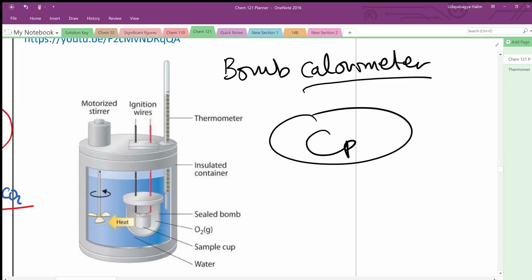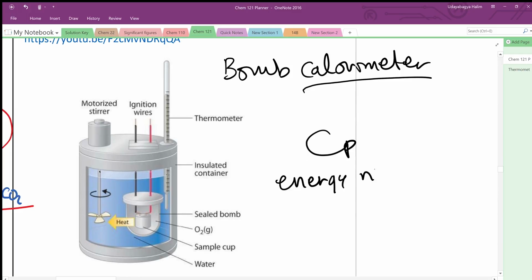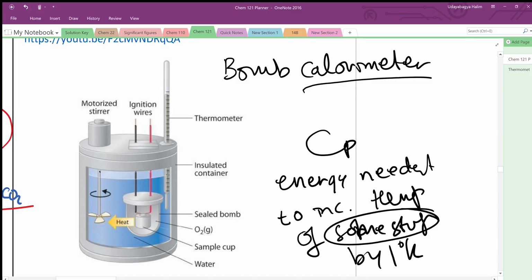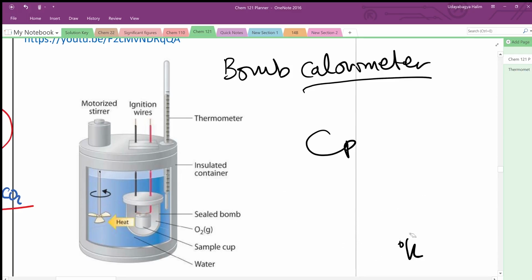And remember, the heat capacity unit means the energy needed to increase the temperature of some object, really, some stuff, by 1 degree Kelvin. So essentially, we collect this stuff to be the entire thing, so we don't have to worry about the mass. Hence, you'll find the unit of a bomb calorimeter, or a calorimeter in general, to be just joules per Kelvin or joules per degree Celsius.